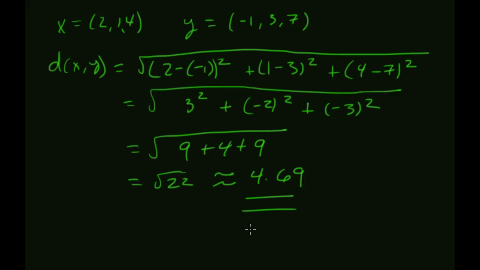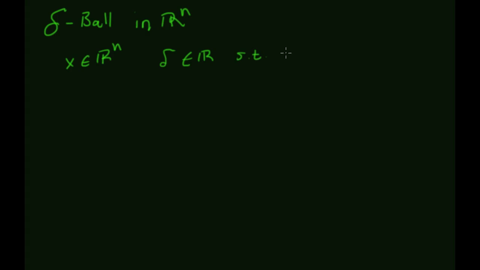So the distance between these things has an approximate value of 4.69 in 3-space. So we have a functioning definition that given two things in a particular n-dimensional space, I can find the distance between them. Okay, we're going to create an object that I'm going to call a delta ball. Okay, and this is also going to be in Rn, right? So x is going to be something that's in Rn, and then delta is going to be some real number such that delta is positive.